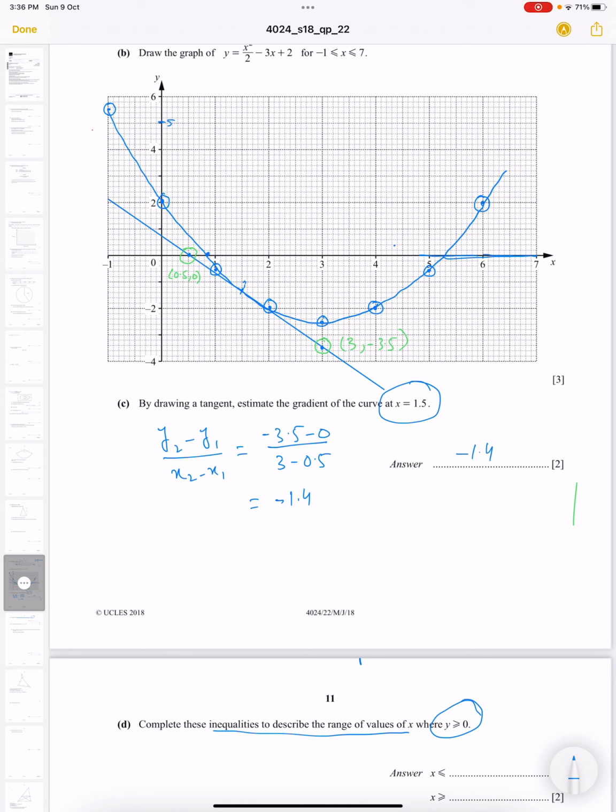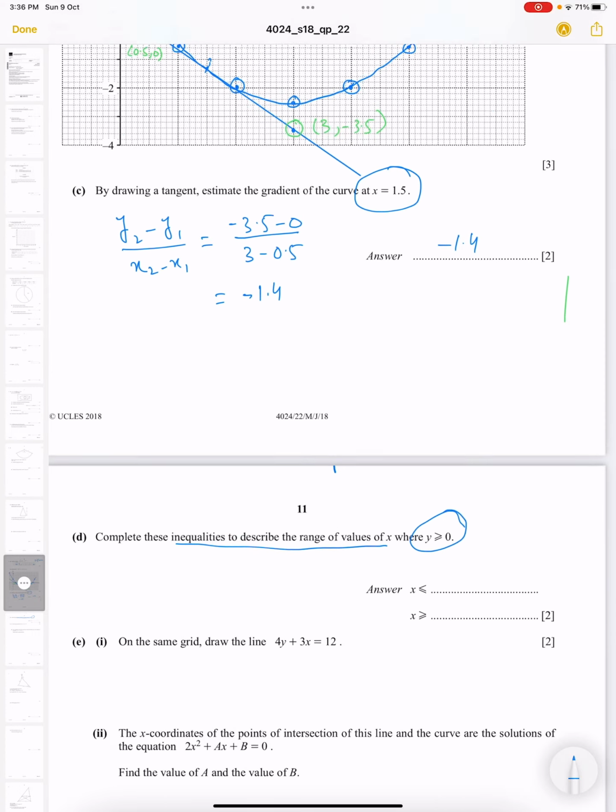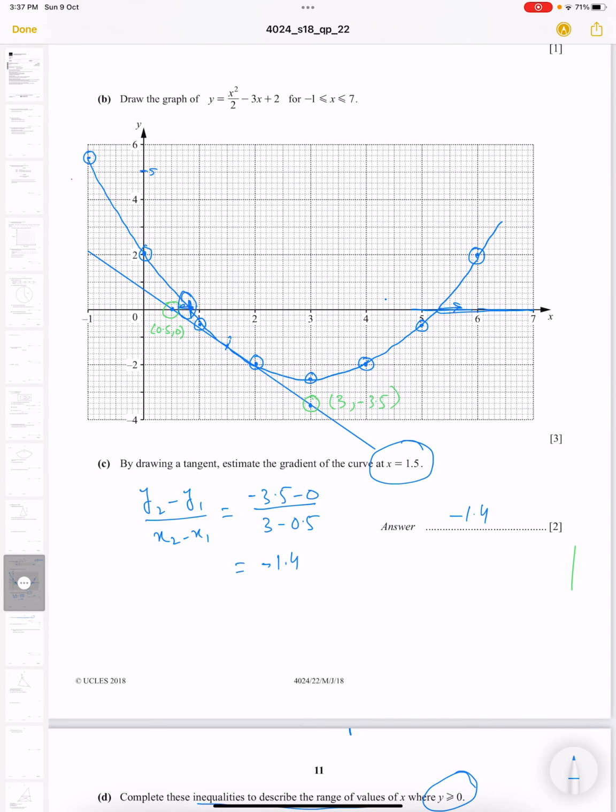So from this point, behind this point, and ahead of this point, we see y is positive. So here, the value of x is approximately 0.8 on this point, and on another point, this one, the value of x is approximately 5.5.